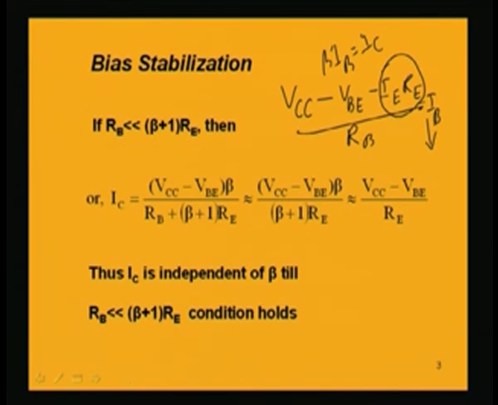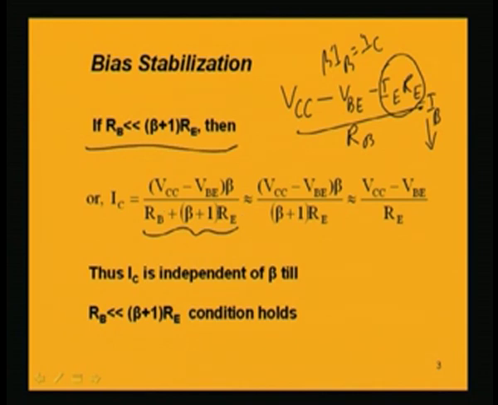So, if beta changes, obviously IC will change, but if we see the expression of IC carefully and maintain one particular criterion, that the resistance RB is very much less than the (beta plus 1) RE term, that can be designed accordingly. While designing the biasing scheme, if we make the base resistance very much smaller than the whole expression (beta plus 1) into RE, then we can write this expression approximately as VCC minus VBE into beta divided by the whole summation.